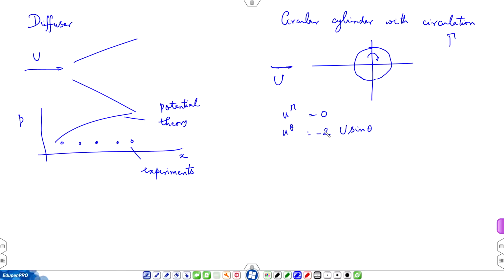Minus 2u sin theta, minus gamma over 2 pi r.